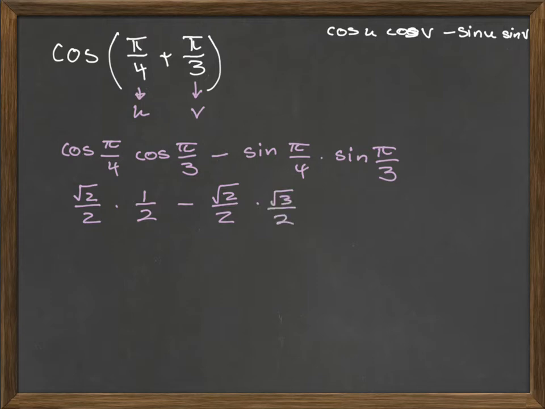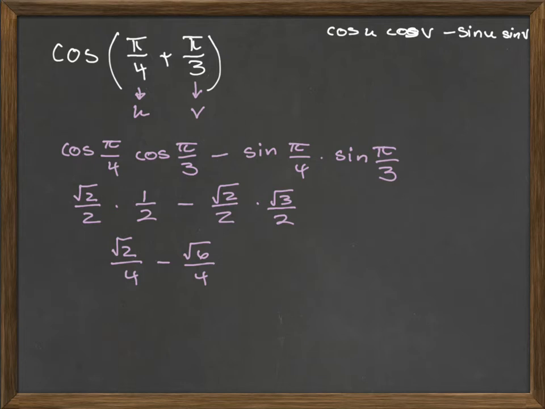Square root of 3 over 2. And we're going to multiply. Square root of 2 times 1 is square root of 2 over 4 minus square root of 2 times square root of 3 is square root of 6 over 4.